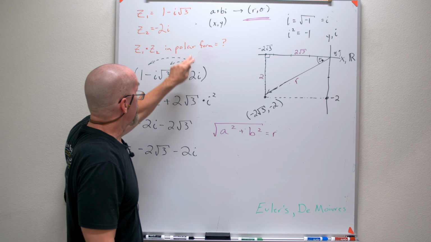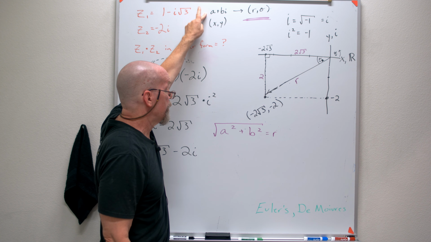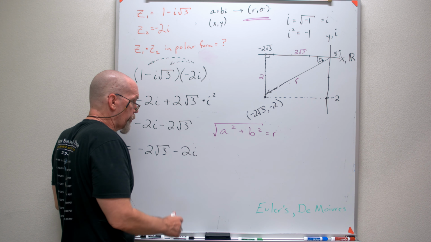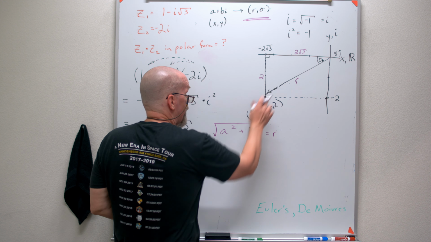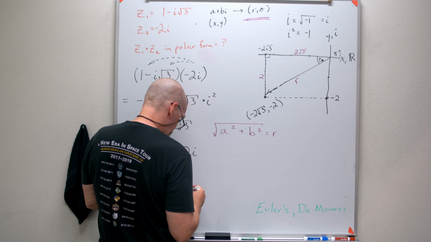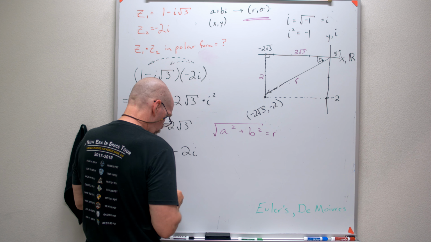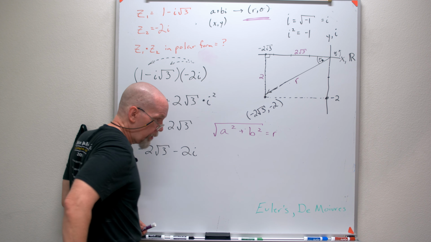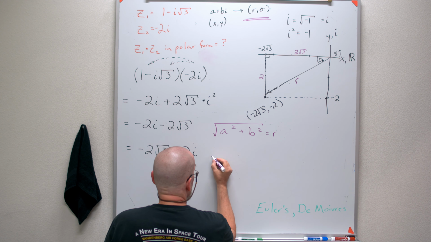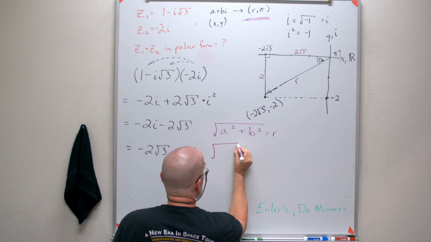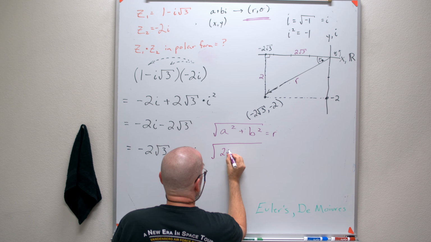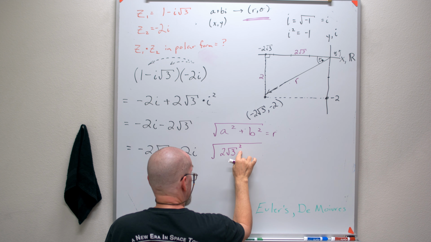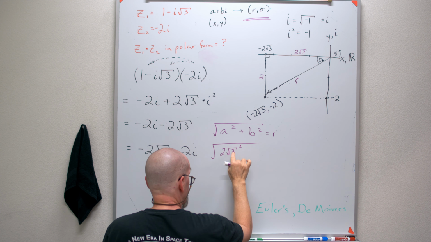These a's and b's are the same things as the a's and b's up here. Technically, I could swap the order, but might as well keep them the way they are. The a is the 2 rad 3. So if I did this, do not let yourself write it this way. That is incorrect. This would only be squaring the square root.